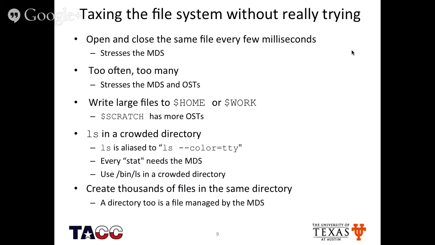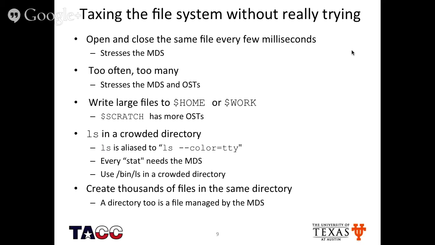So it's very easy to tax the file system without really doing a lot of computation. We could be doing an innocuous ls in a very crowded directory. You might not realize that it is hitting the MDS. It is trying to stat the MDS every time you do an ls -ltr or something like that.